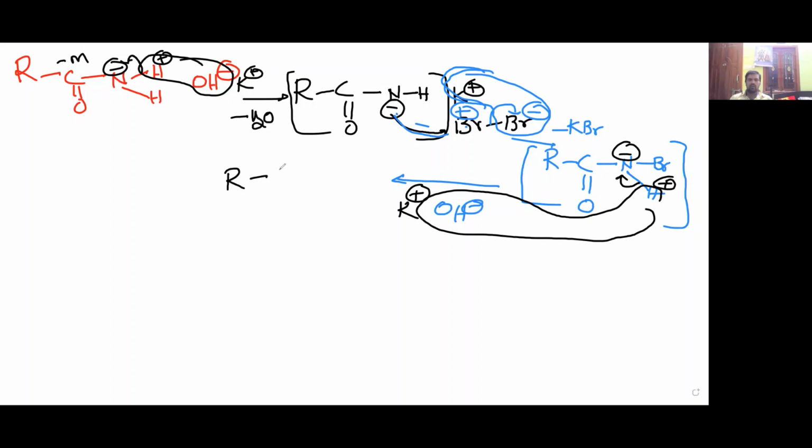Then R C double bond O N minus, Br. Please keep remember there is a minus. For the stabilization purpose, K plus is there. Here just water is eliminated. Here H and OH is eliminated. As usual, minus charge is there, Br minus is there, and K plus is there for the stabilization purpose.